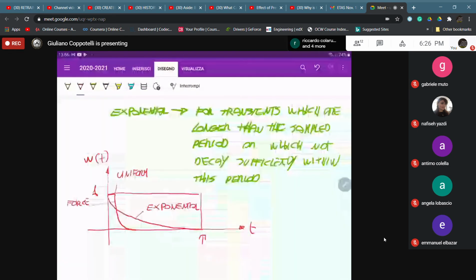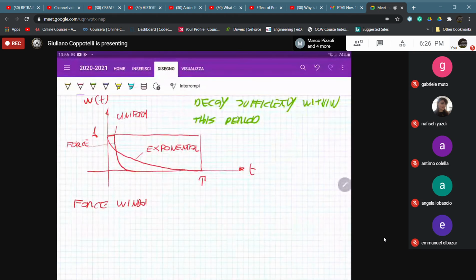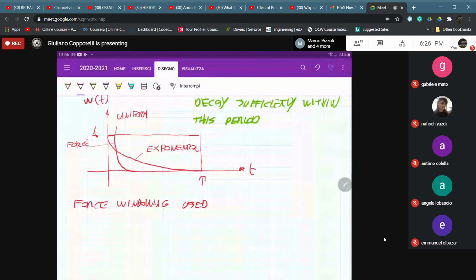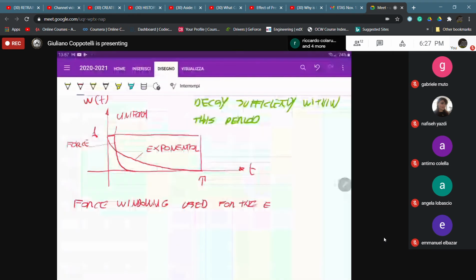What is the main usage? We will see that the force windowing is used mainly for the excitation of the structure using a hammer.